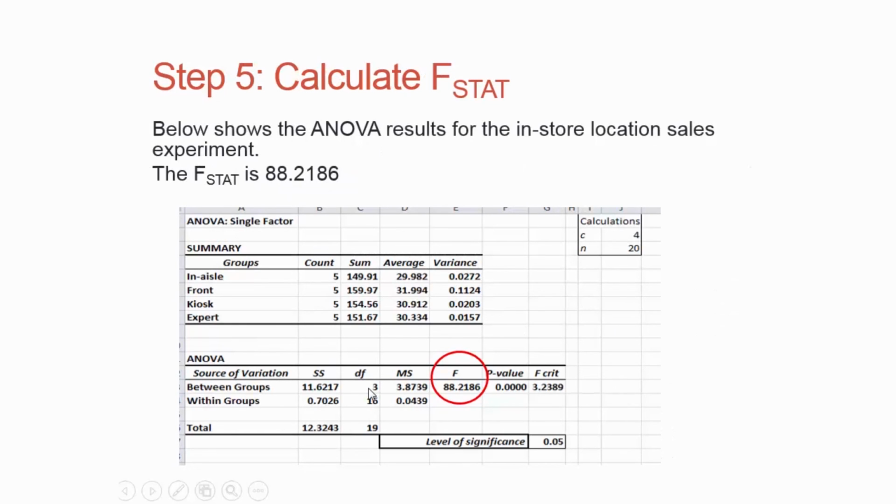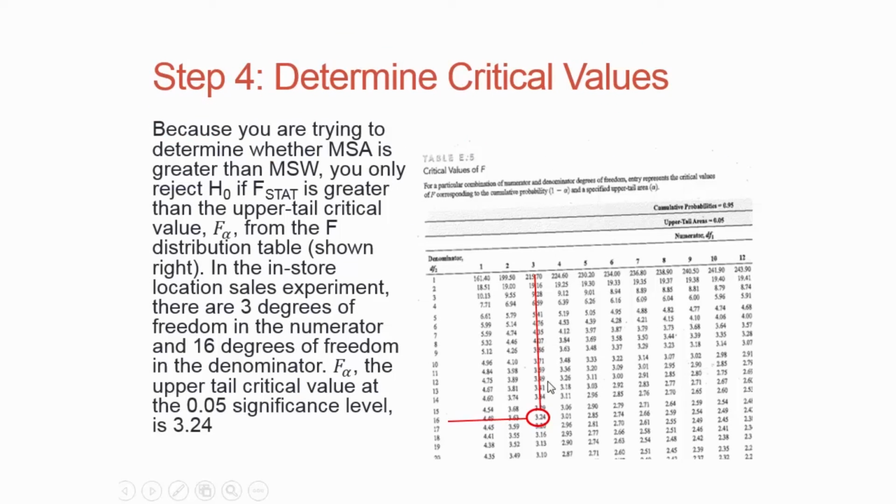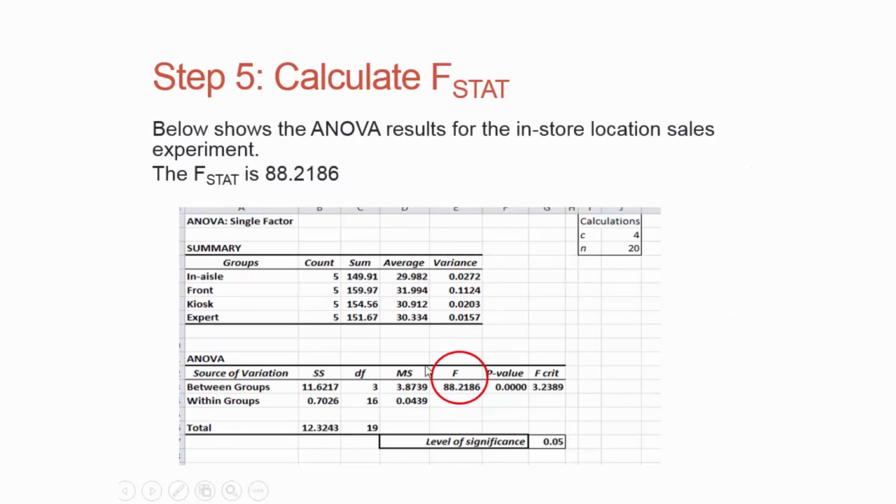Between group variation and within group variation give us the degrees of freedom. Okay, my critical value, as you saw on the previous slide, was 3.24. We can also see that on the printout. 3.2389 is what they actually say right here. Notice the p-value is equal to 0.